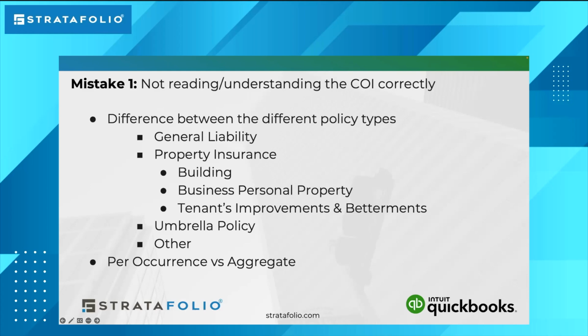And then the other one that I listed here is just an umbrella policy, which essentially provides coverage in excess of liability coverages that a policyholder has. So the common misconception is that, hey, my umbrella policy, it sits over everything.